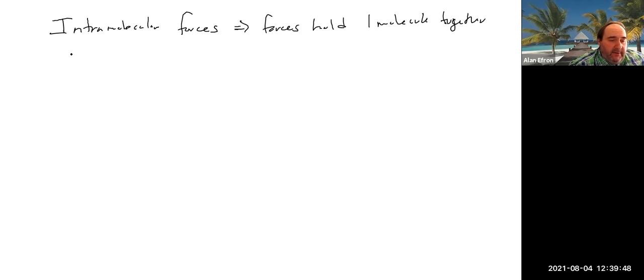Like, say, inside water here, the bonds between each of the hydrogens and the oxygen, the covalent bonds, are intramolecular forces.